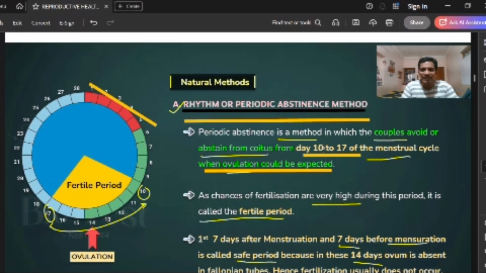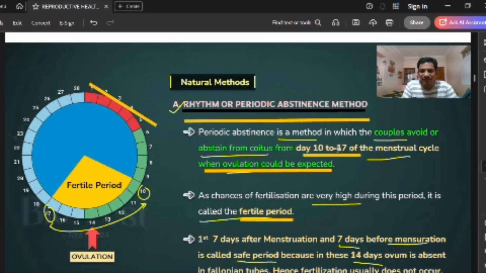Got it? The chances of fertilization are very high during this period, so it is called the fertile period. Those who want conception have to have intercourse in this particular period, and then they definitely conceive, right?